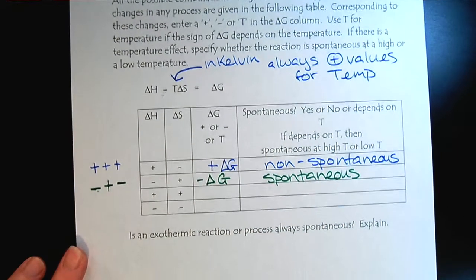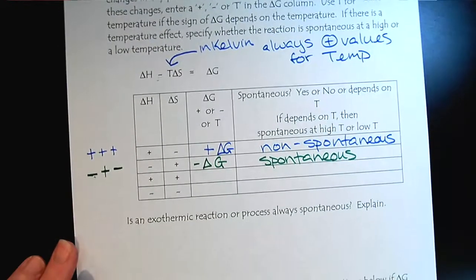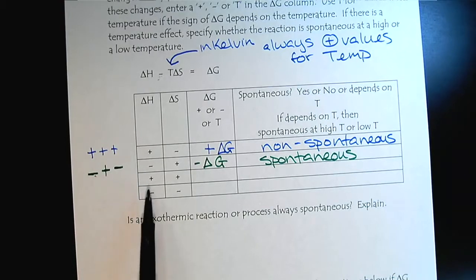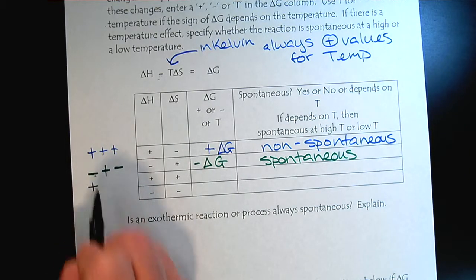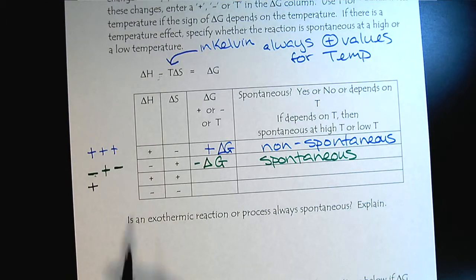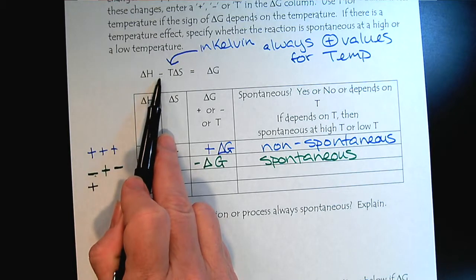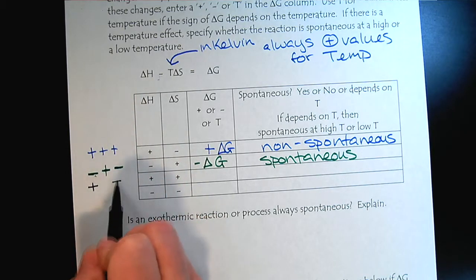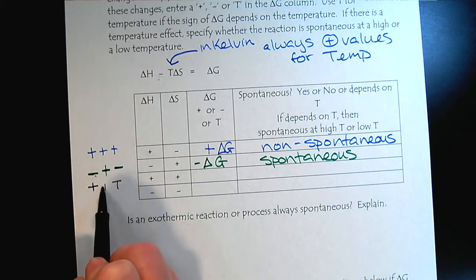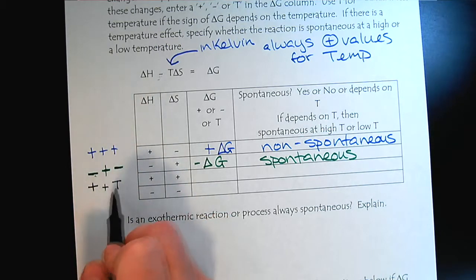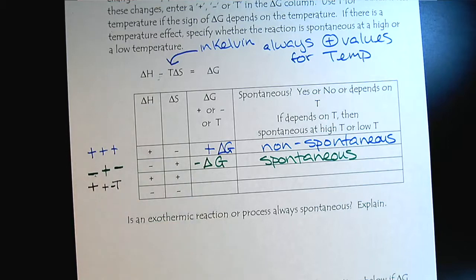Okay, now let's get to a different scenario. Here we have endothermic. We have a positive delta H, and then we have the minus sign of our formula, and we're going to have temperature. There's the minus sign and the plus, so we'll just put a negative in front of temperature.